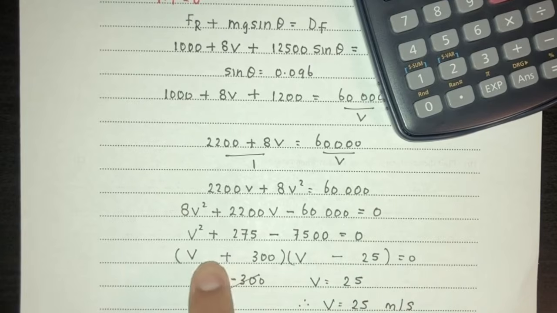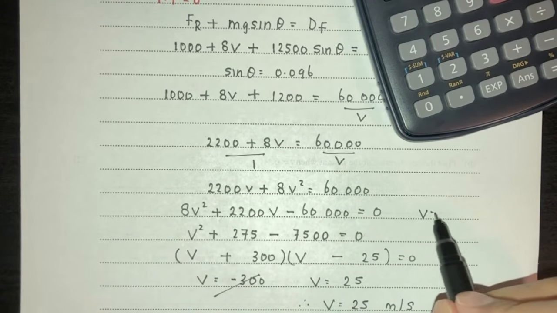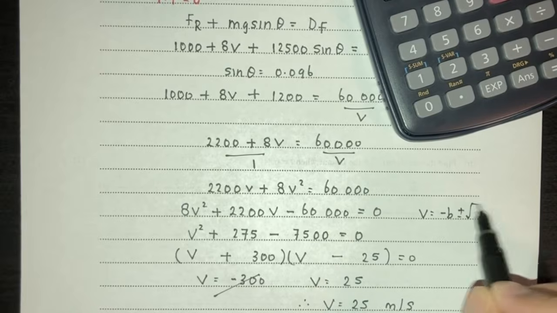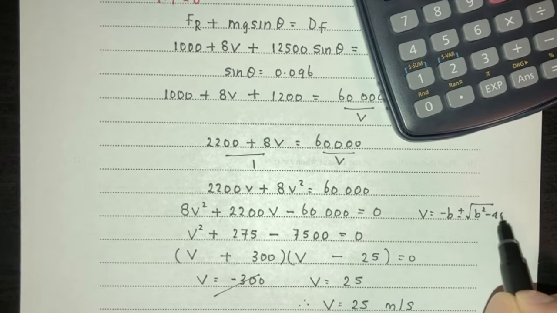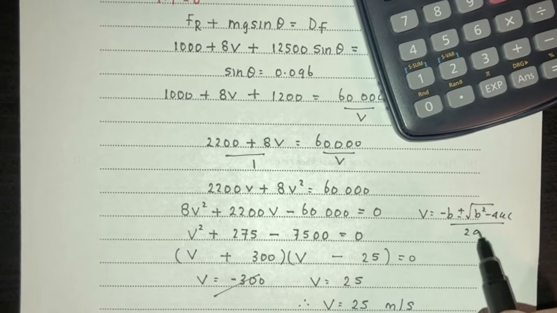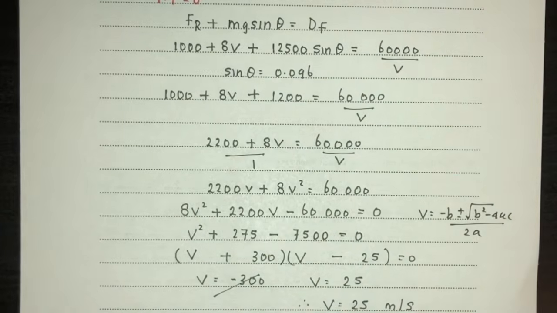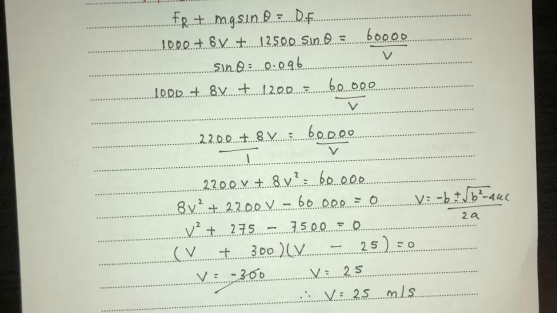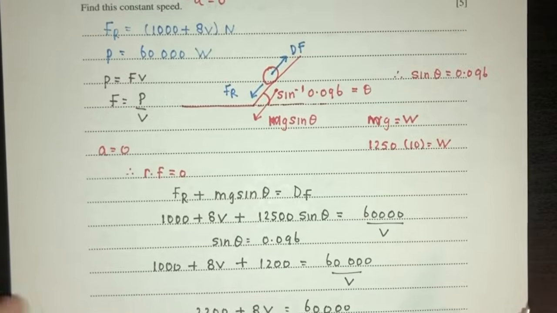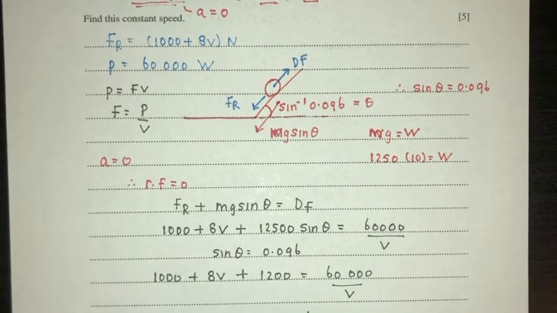Now if you don't know how to factorize, or if you think it's taking too long, you can always use the formula to get the values, which is v equal to minus b plus or minus the square root of b squared minus 4ac, divided by 2a. You can use the formula to find those two values, and from that you get your value of v. The main point here is always make a drawing so you can understand what's happening.